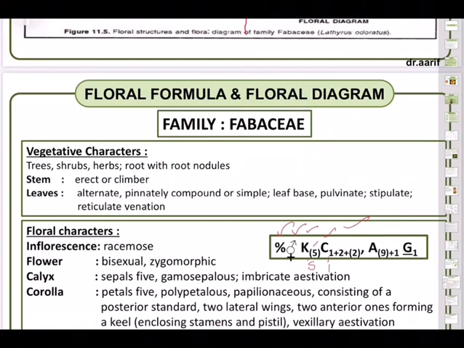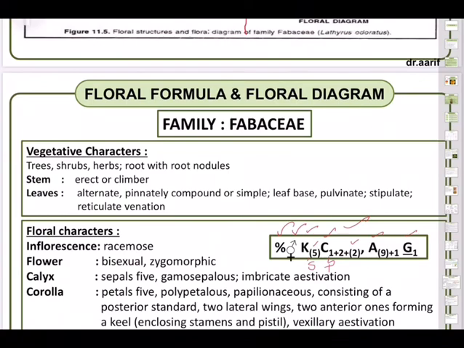Corolla is petals. And petals are colorful and fragrant. They are arranged in the form of 1 plus 2 plus 2, and just now you have seen in the diagram that 2 are attached. Then androecium, just now you saw 9 plus 1. And then gynoecium, we have got the ovary, the superior ovary. How many were there? Only 1 was there.